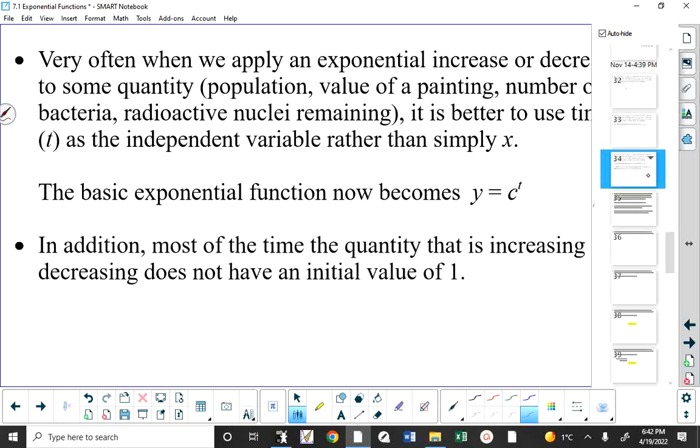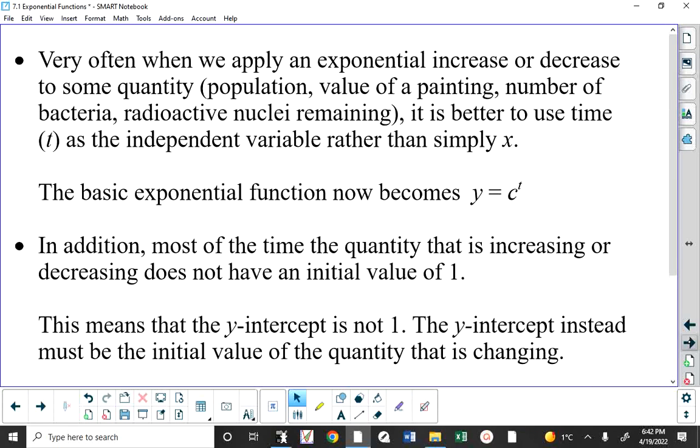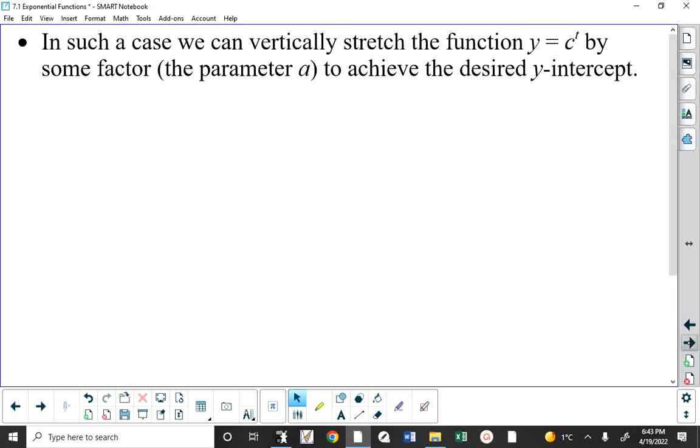So most of the time, the quantity that is increasing or decreasing does not have an initial value of 1, but that's okay. Because if the y-intercept is not 1, we have to change the y-intercept so that it is the initial value of the quantity that is changing. And we just multiply y equals c to the t times some vertical stretch factor.